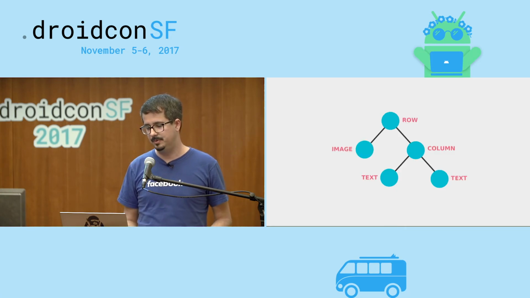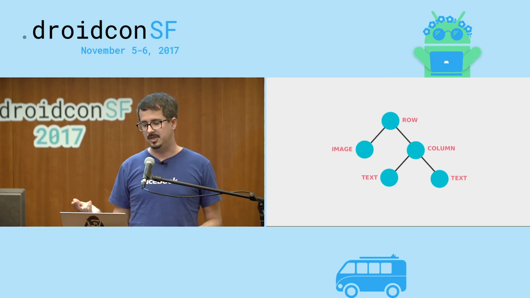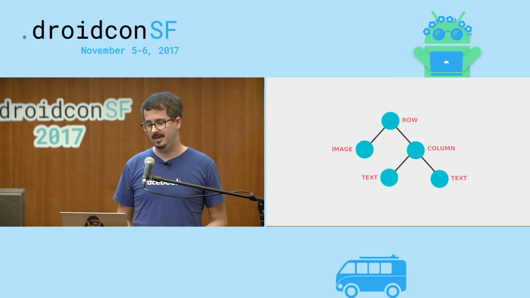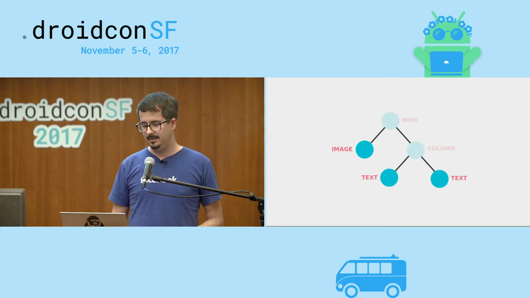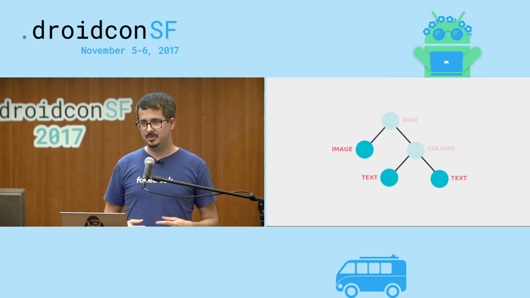Let's say, for example, in a Litho tree, you have a row, one image, and then another container, a column with two texts. These two containers are pretty much useless once you have layout calculated because they've only been used for arranging their children. So because we split layout and rendering, by the time you create the blueprint, you skip those completely.